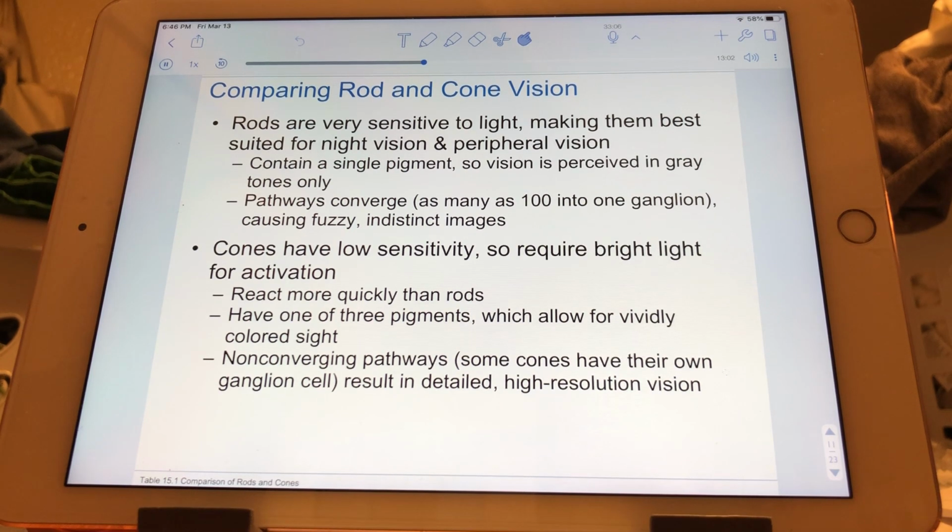Again, rods are more sensitive to light, and therefore we don't need a lot of light for them to fire. So they're best for low light level vision, night vision, okay? They're best for peripheral vision. And rods only feature one type, one flavor, if you will, of photopigment. And that's why they don't produce, if you will, color images.